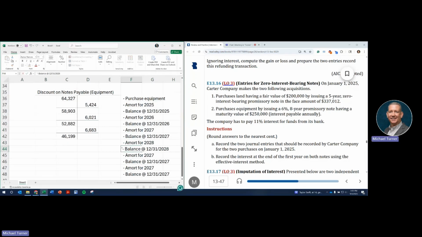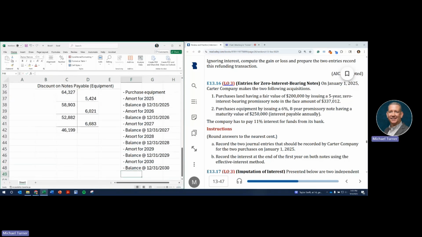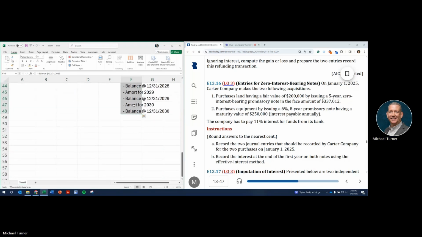Proceed to the next year, 28, 29, and then we'll move into 2030. And how many years is that? 1, 2, 3, 4. Let's see, this is the end of 1, 2, 3, 4, 5, 6. Need 2 more for 8 years. 7.